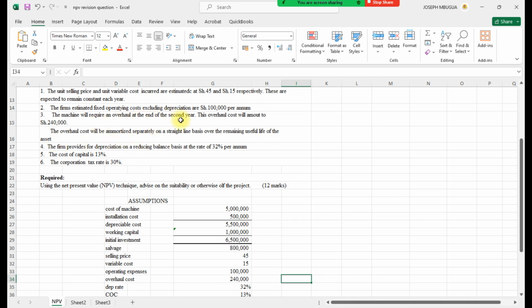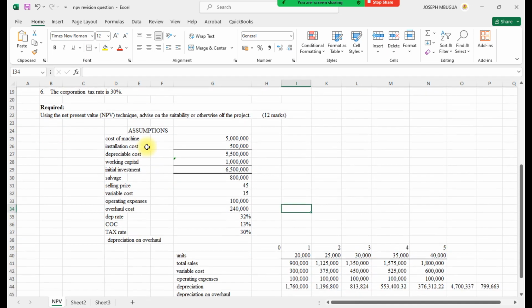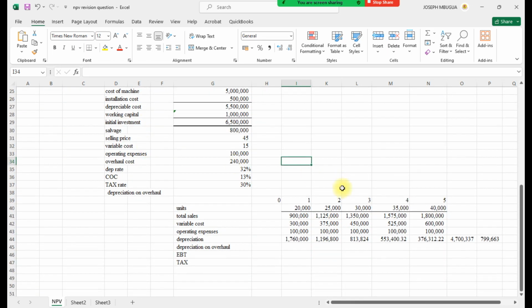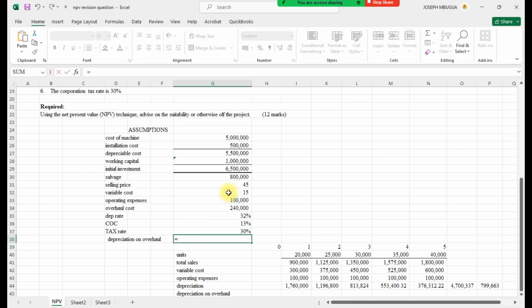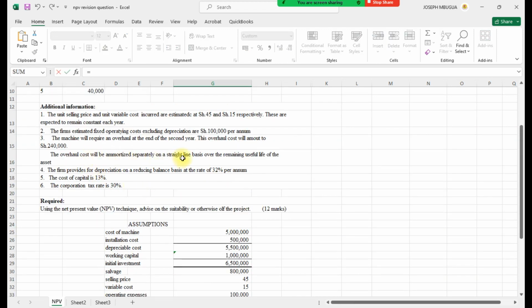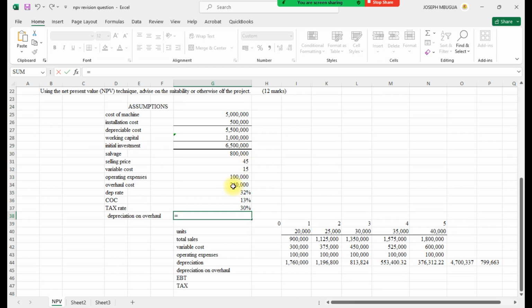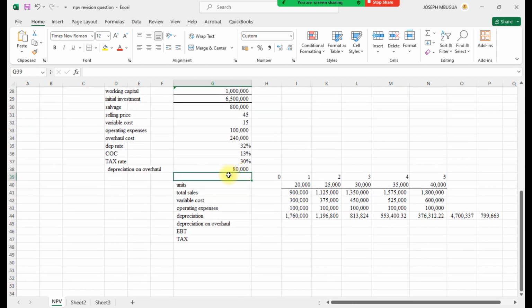So if it's at the end of the second year, that means amortization of the overhaul will start at the beginning of the third year. So third, fourth, and fifth. So we shall amortize it over a period of 3 years, the remaining life, and that's why it's straight line. So you take the overhaul, divide by 3 years, and that's how we arrived at 80,000 as our depreciation on overhaul.